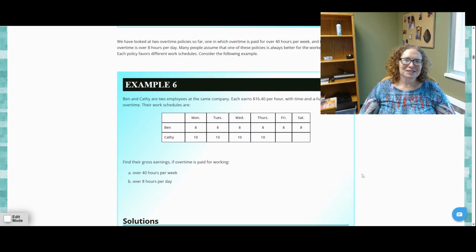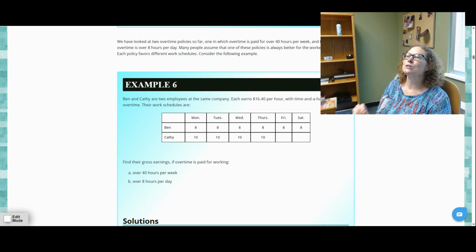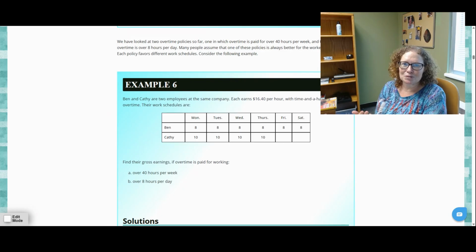so this is different, because companies have different policies. But what if a company is not going to do the standard, which is 40 hours worked, and then anything over 40 hours would be time and a half?